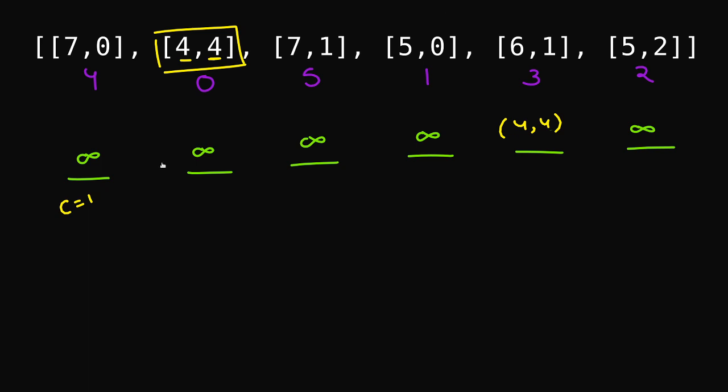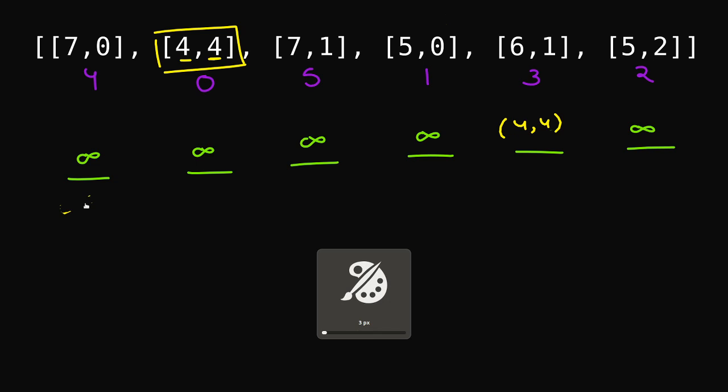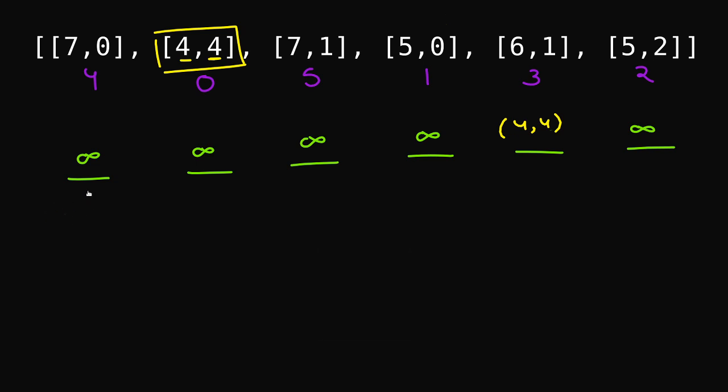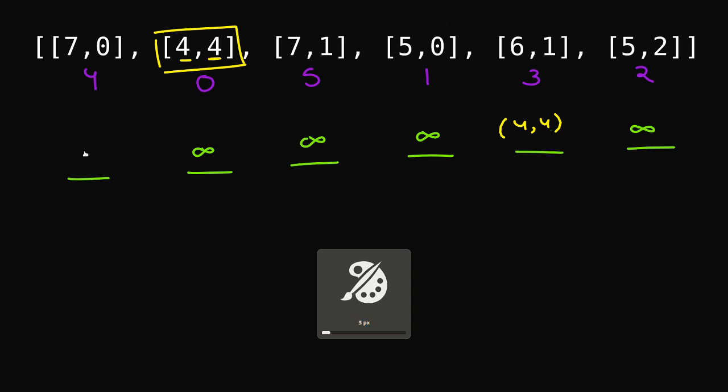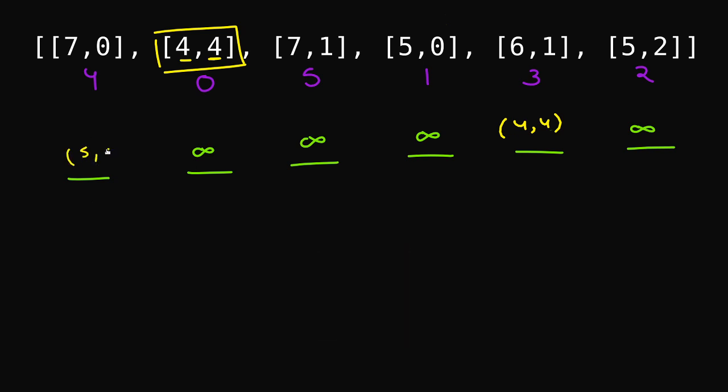So that's what we'll do. We'll just place this 5 at this particular position. So 5 comma 0 will go here. Next input, so 5 comma 0 is done.